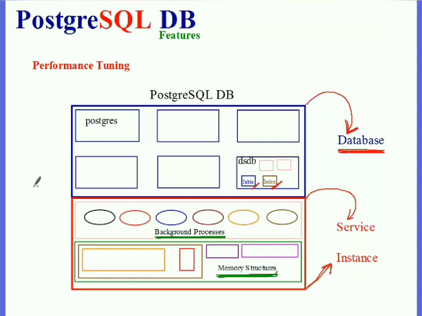This means we can tune both layers: the database layer by planning well and distributing IO, and the instance layer by customizing the memory structures to suit the application requirement, identifying the bottleneck and tuning them, and tuning background processes to enhance the performance. So we can do that. This is about performance tuning of the database supported by PostgreSQL DB. We've got different components to tune.